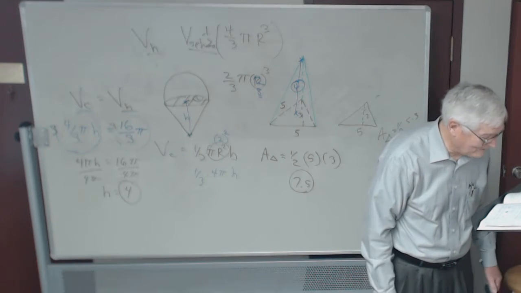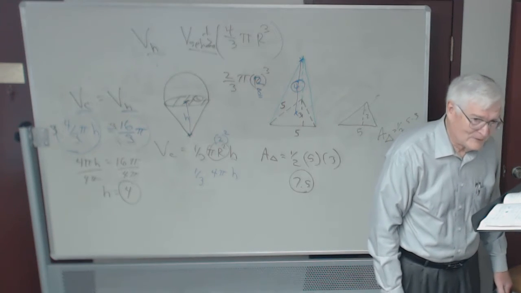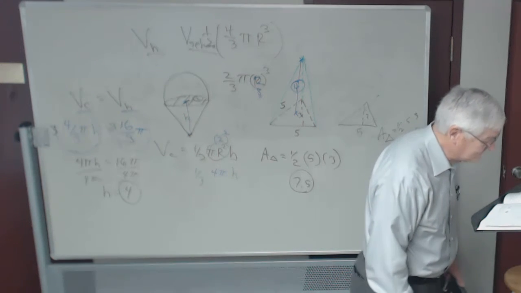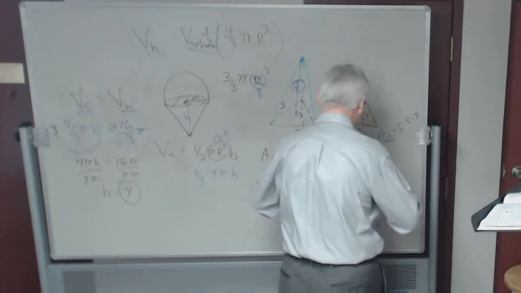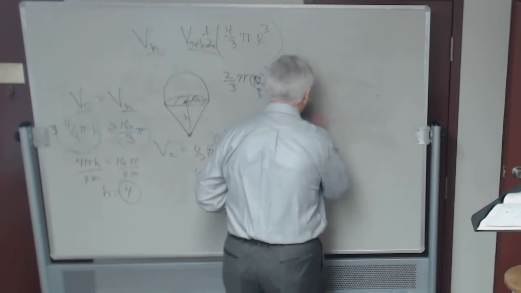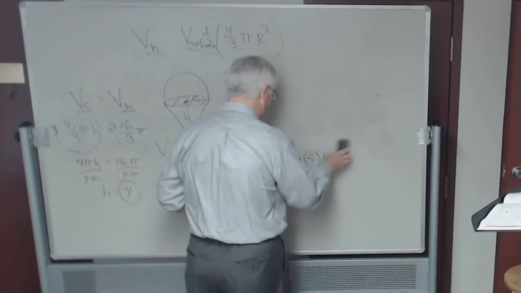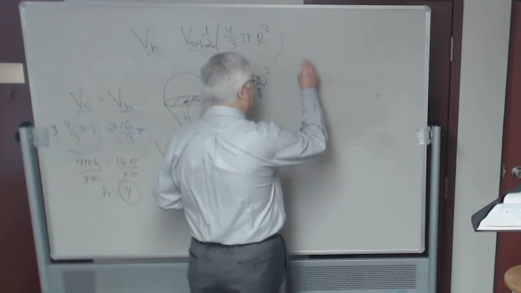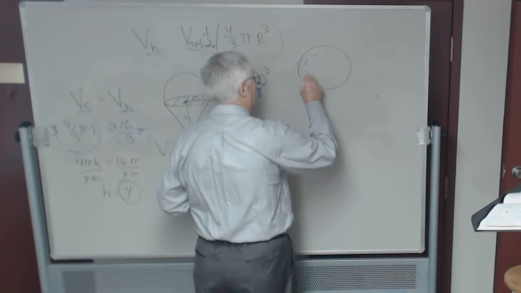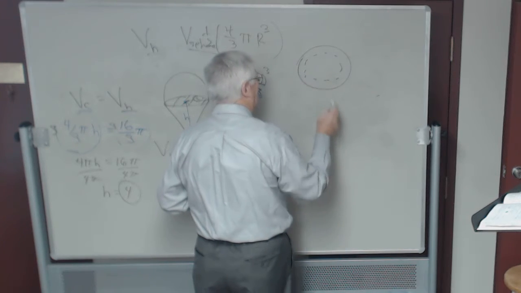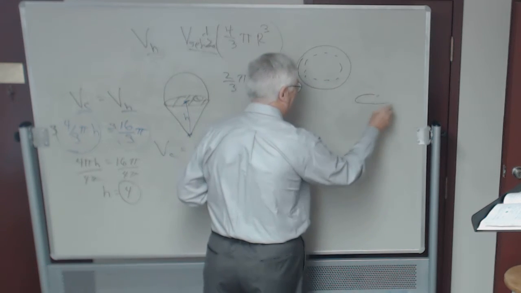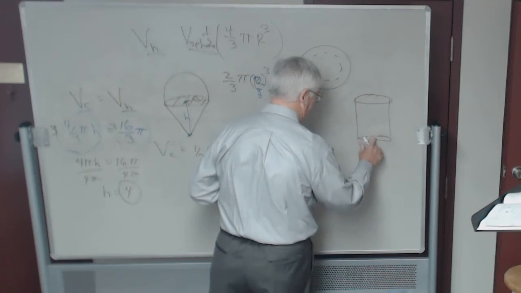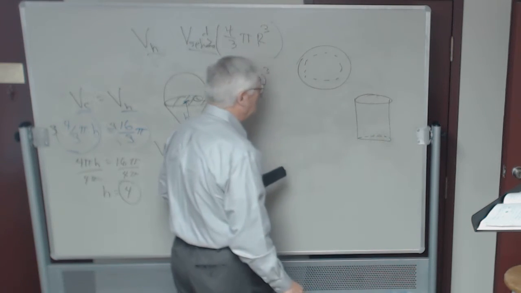Okay, let's do the last problem. Here's where we stop, with number 20. A sphere and a cylinder have the same radius. Okay, so a sphere would be like a basketball, and a cylinder would be one of these things.